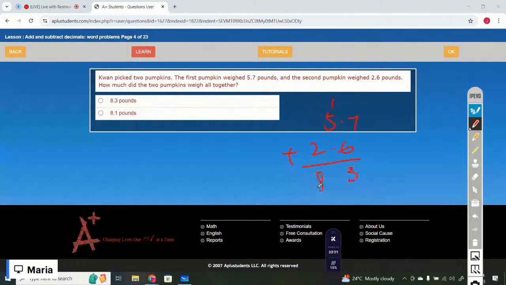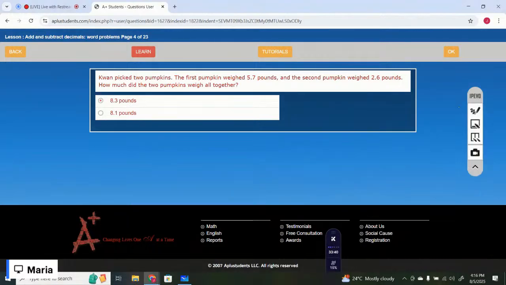That is 8.3 pounds. Option number 1 is the correct option.